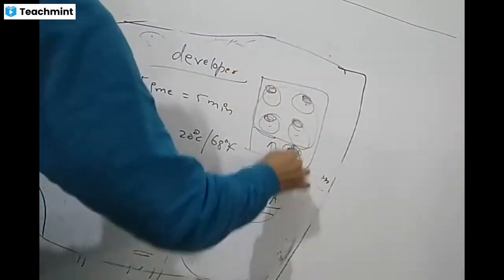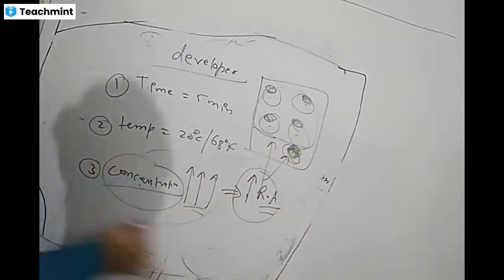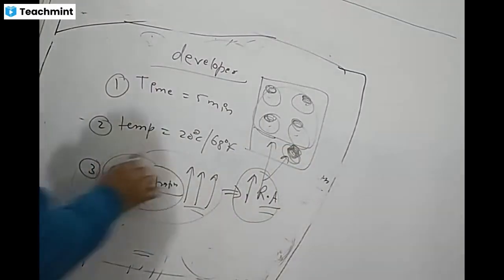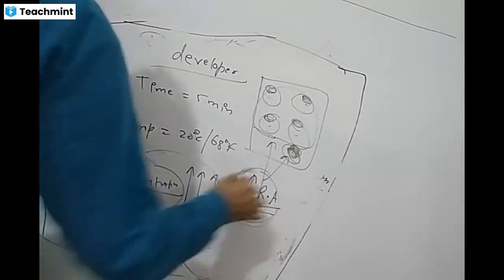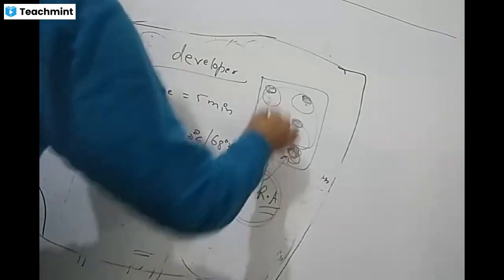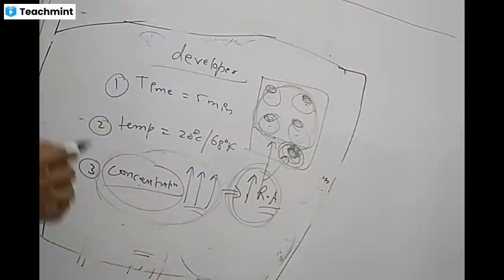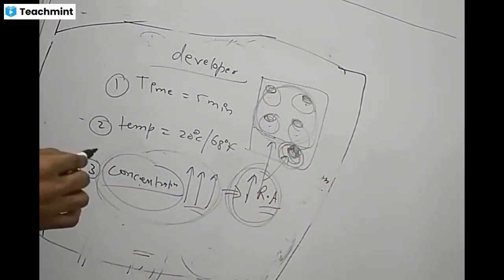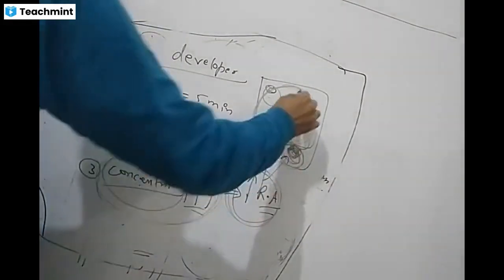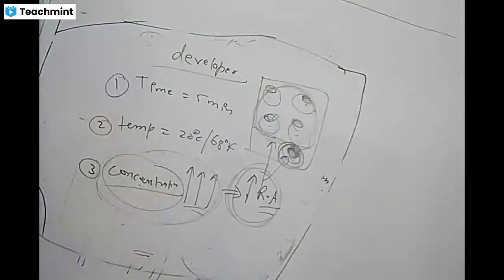It will also reduce this because you are using high concentration. A high concentration of developer carries a high concentration of reducing agent. So not only reducing these four, it will also reduce the fifth one. So concentration is also equally important.